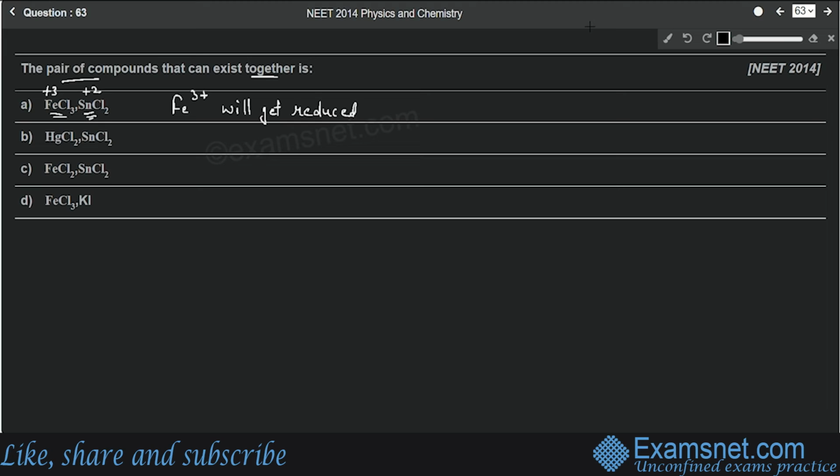So it can get reduced from +3 to +2, and Sn2+ will get oxidized. It cannot get reduced because Sn2+ is the minimum oxidation state. It cannot reduce further. It can only get oxidized. So one will get reduced and the other will get oxidized. That means these two will not exist together.